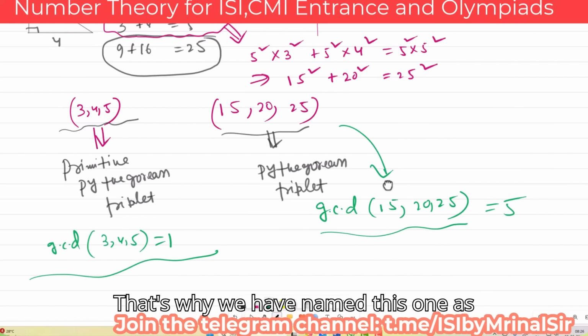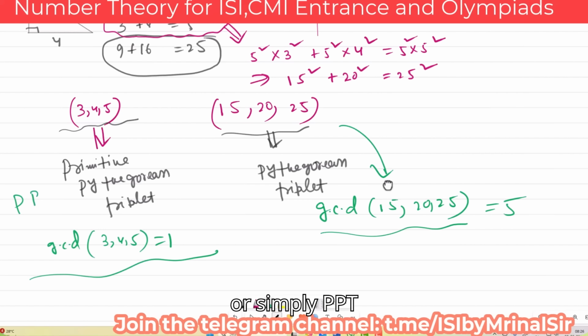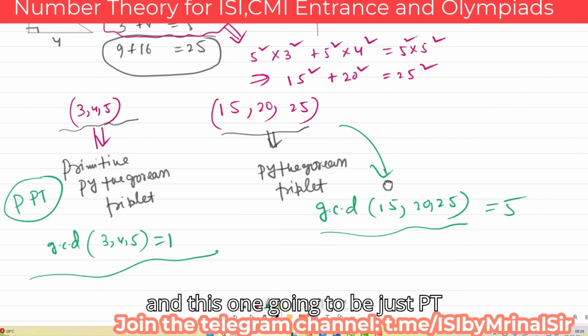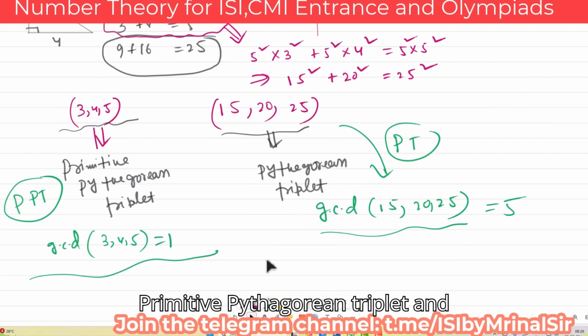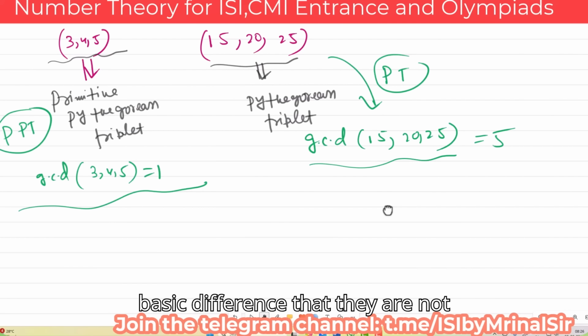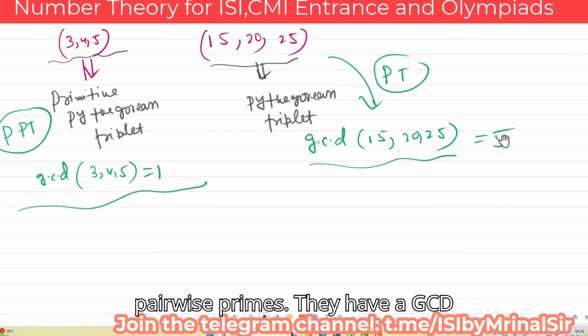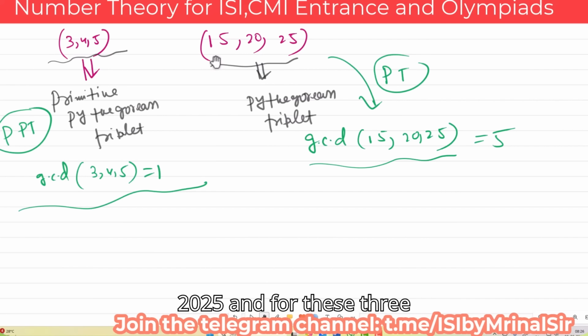That's why we have named this one a primitive Pythagorean triplet, or simply PPT, and this one is just a PT, Pythagorean triplet. This is the basic difference: they are not pairwise coprime. They have a GCD over there between 15, 20, even 20, 25, and for these three numbers a GCD exists.